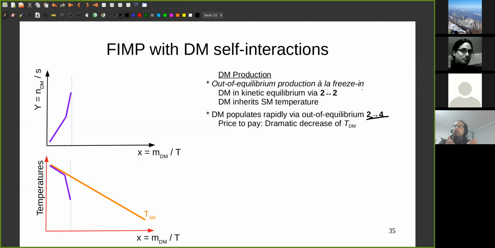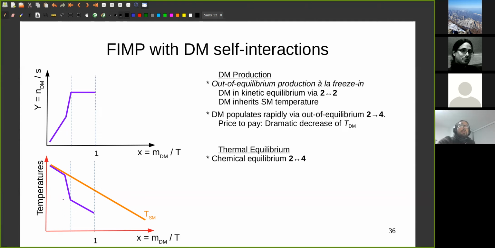After all, we're trading 2 very energetic dark matter particles into 4 particles at rest. We're trading kinetic energy into mass, right? So the dark matter number density is increasing, and the dark matter temperature is decreasing. We are trading temperature, so kinetic energy, into mass.